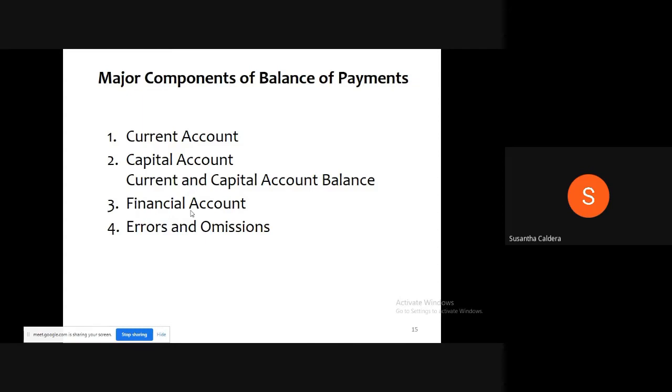When we are doing the final balance of payment statistics, if you make any errors or omissions, and once you identify them and include them, then the whole picture might get changed. If it is a substantial amount, it might get changed, right? So therefore, errors and omissions also play a major role as a major component of balance of payment.